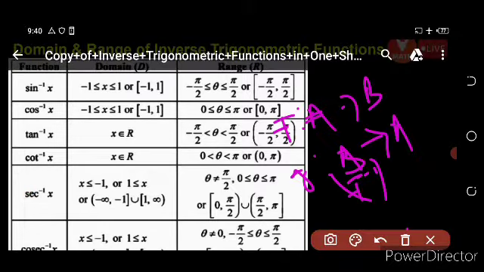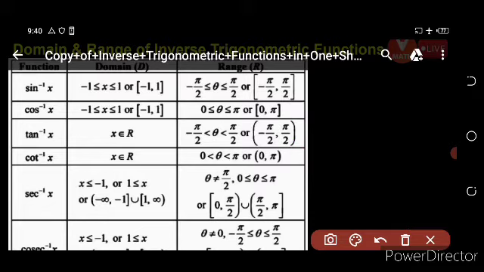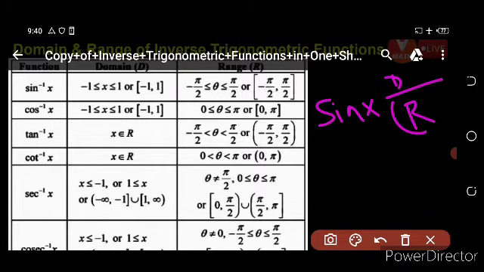We know the domain of sine x is all the real numbers, and we know that the range of sine x is -1 to 1 closed bracket.